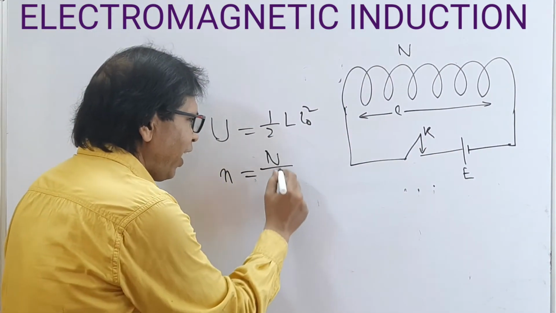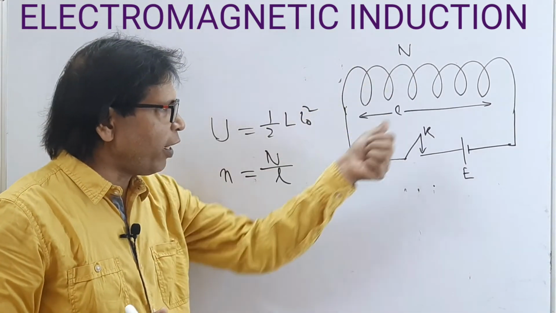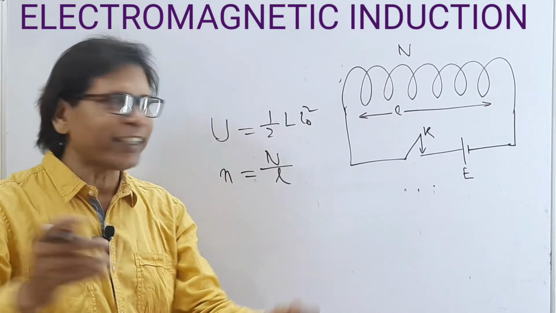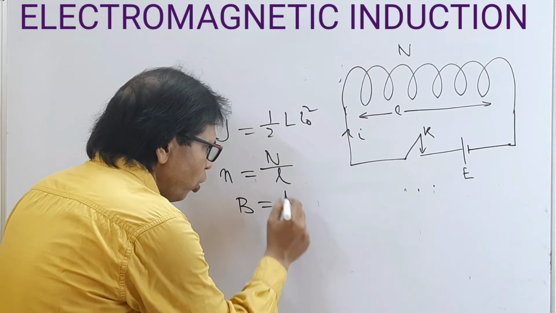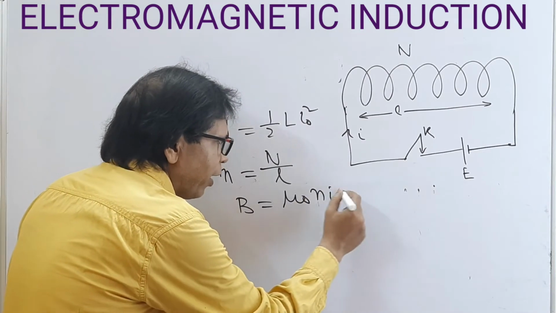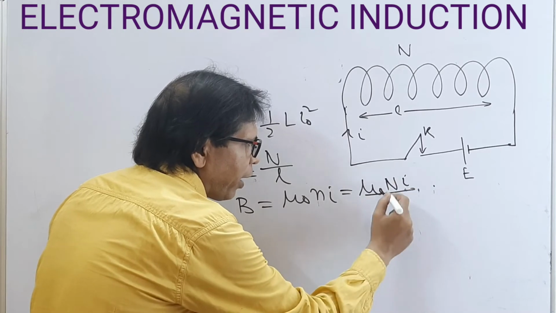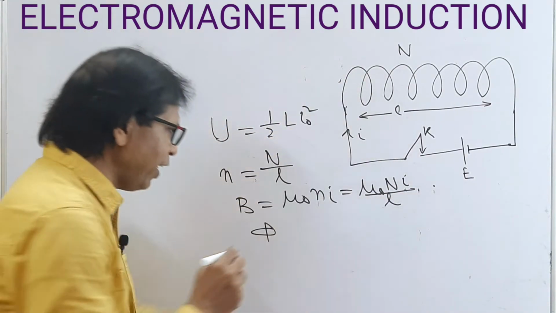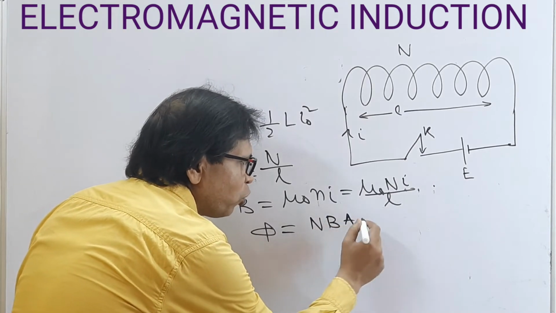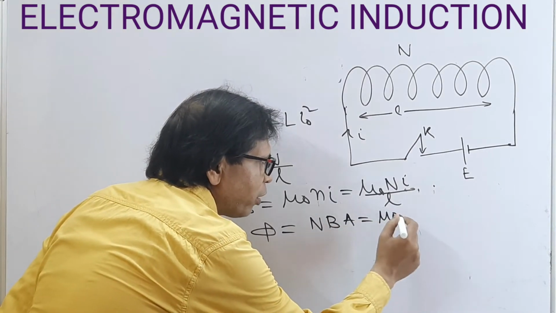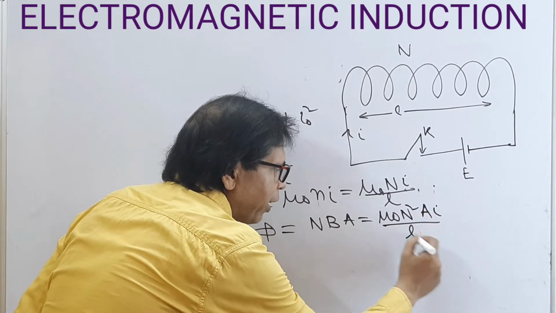Again, the magnetic field produced in the coil due to instantaneous current I is given by B equal to mu naught N I divided by l. Okay, so flux linked in the coil phi equal to NBA. So this is mu naught N square A I divided by l.